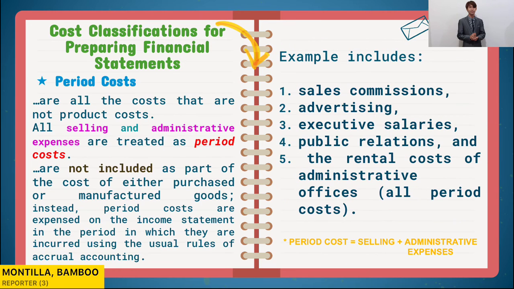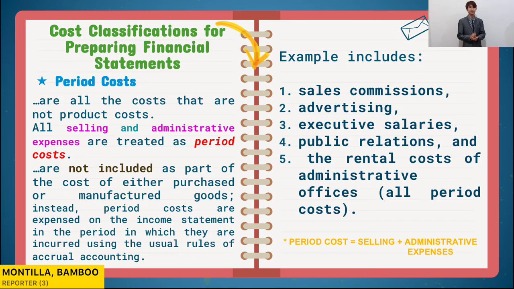Period costs. Unequivocally, period costs are all the costs that are not product costs. All selling and administrative expenses are treated as period costs. Examples include sales commissions, advertising, executive salaries, public relations, and the rental costs of administrative offices.